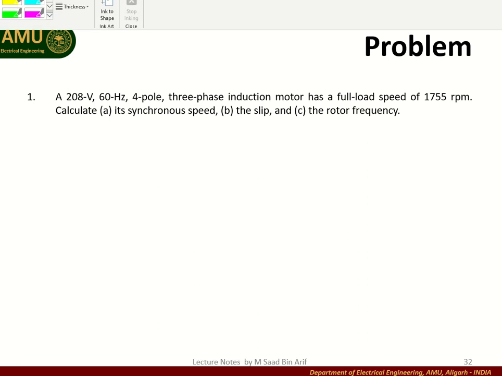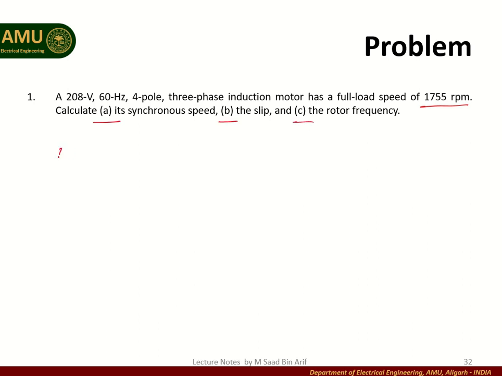The problem says that a 280 volt, 60 hertz, 4 pole, 3 phase induction motor has a full load speed of this much, that is, the speed of the rotor when it is fully loaded. Now we have to calculate synchronous speed, slip of the motor and rotor frequency.